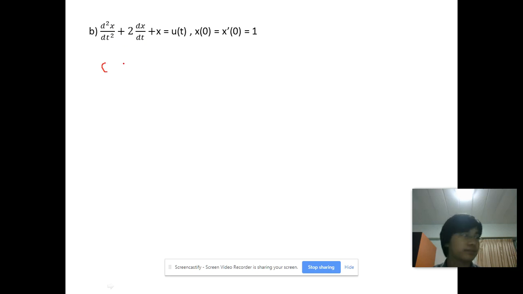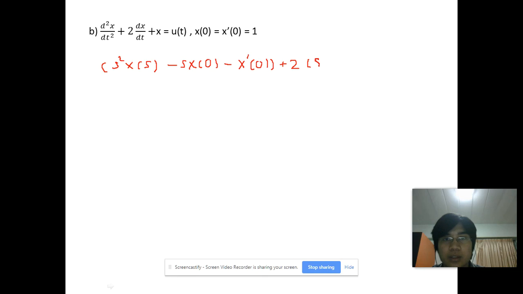It will become s squared X(s) minus x(0) minus x'(0), plus 2 times sX(s) minus x(0), plus X(s).